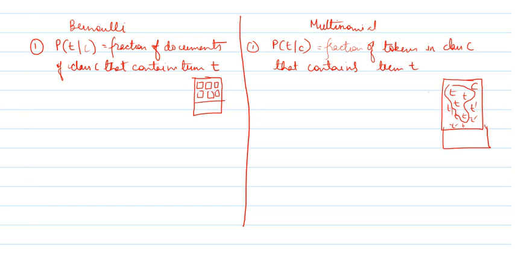So in multinomial we calculate in respect of terms, and in Bernoulli we calculate in respect of the documents.